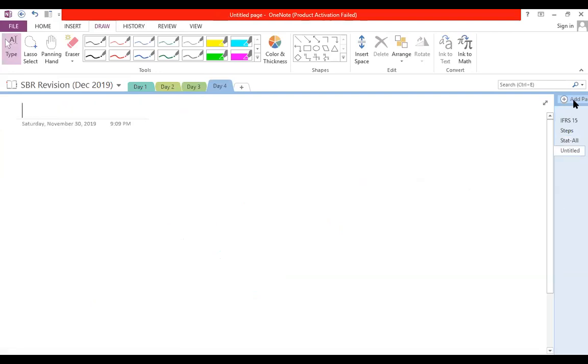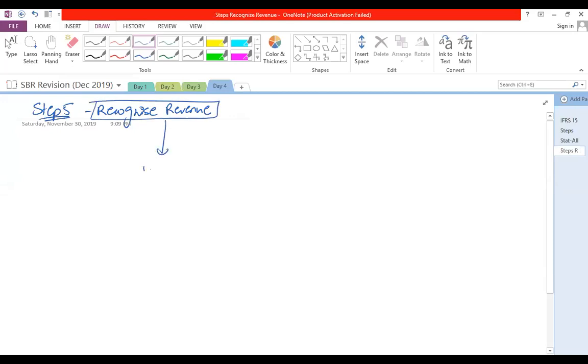So now the last step, step 5, is to recognize revenue when the performance obligation is met. Recognize revenue means when the obligation is satisfied.